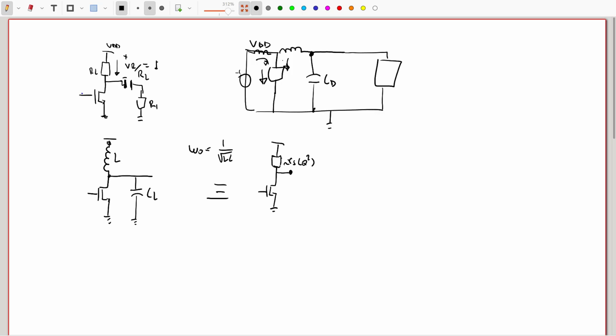So we can use this circuit with the inductor as part of the biasing. For DC, of course, this is almost a short circuit, very small resistance here, but for the AC model, we will have a large resistance here.